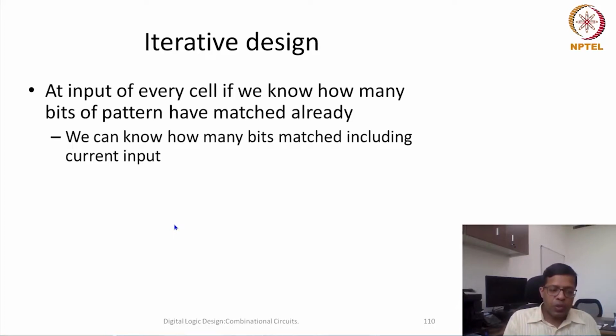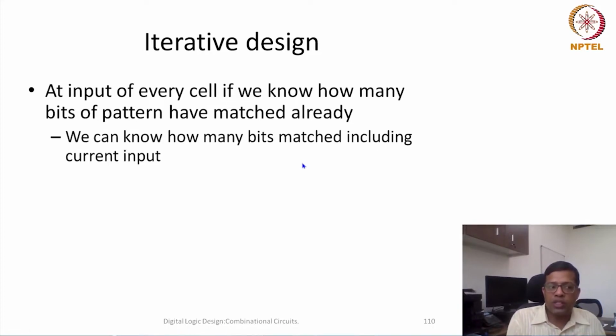Now there is a possibility that none of the bits has matched, or 1 bit has matched, or 2 bits have matched, or 3 bits have matched. There is also the possibility that all 4 bits have matched, but this possibility we can remove, because when the 4th bit matches, we can simply have the y output as 1. But the information of how many bits have already matched, we can reuse.